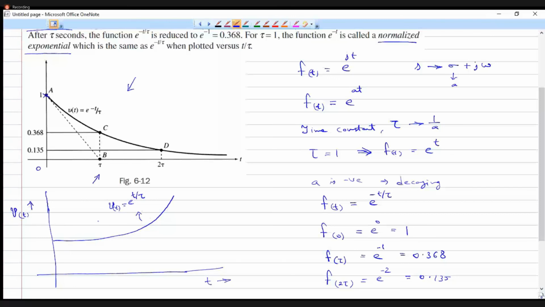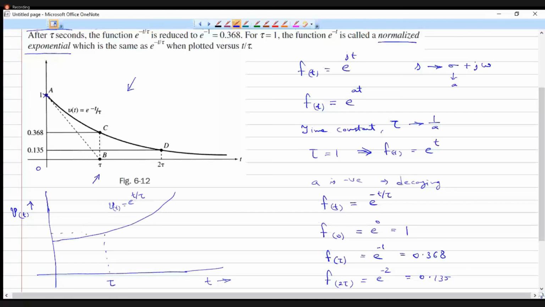Similarly, the values of this function can be found out. Let me draw it in a more understandable manner, so that you can see the variation here. What happens at t is equal to tau?